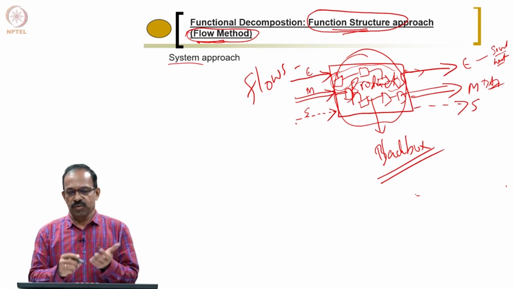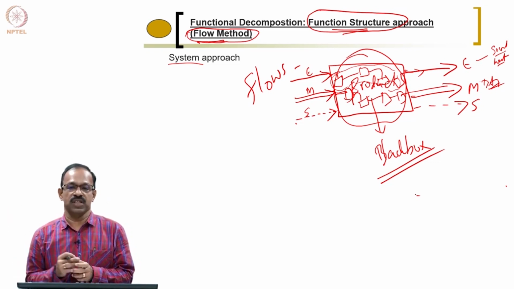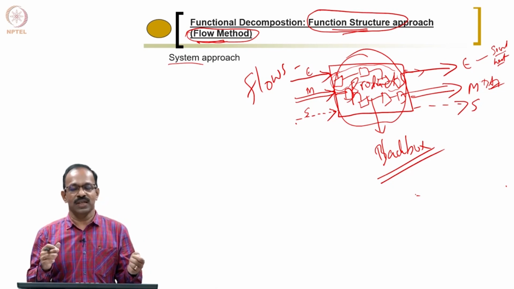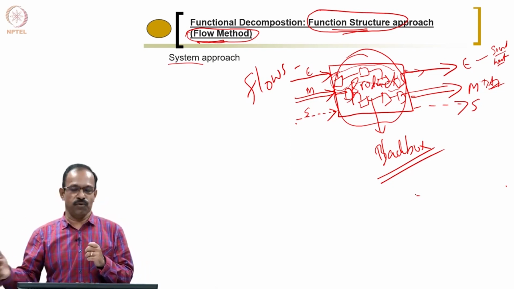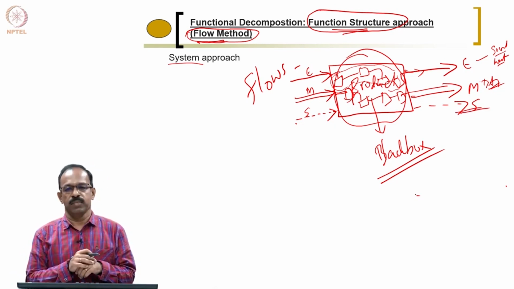Similarly, for the signal also, we will be giving an on-off signal, and then finally you will be getting a signal saying that the cloth is complete and the washing is complete. So, that is a signal coming out. When you give an on signal, you get an output, either an off or some noise or whatever it is, as a signal saying that it is complete.